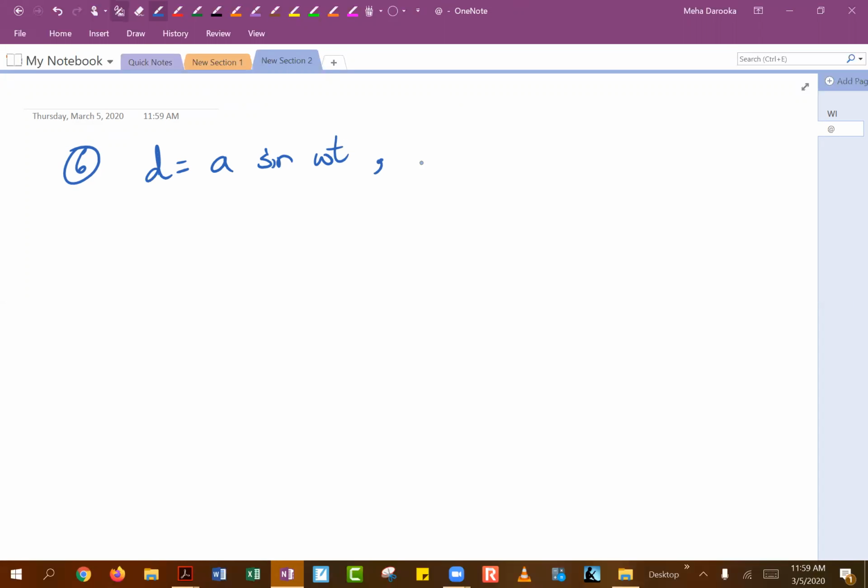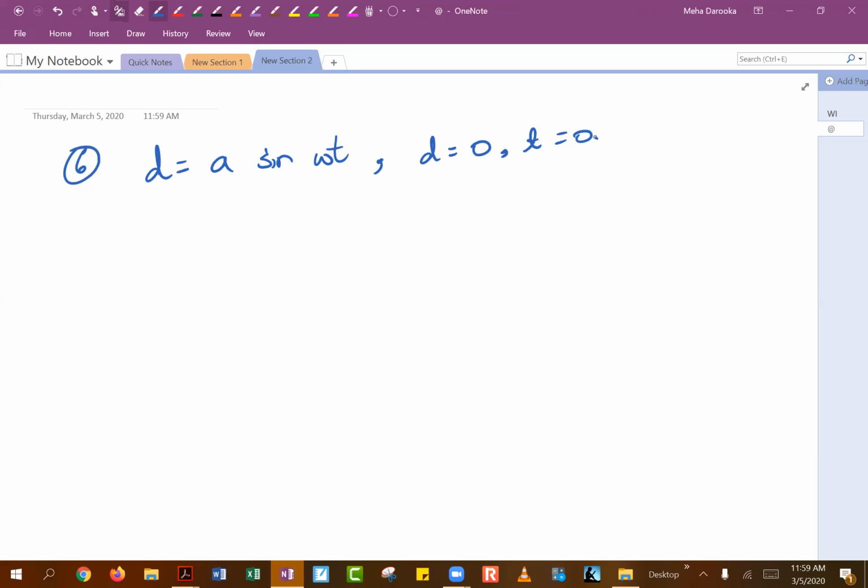So this is when d equals 0 and t equals 0. You could actually also use the cosine function here, so it doesn't always have to be sine. You can do sine or cosine.